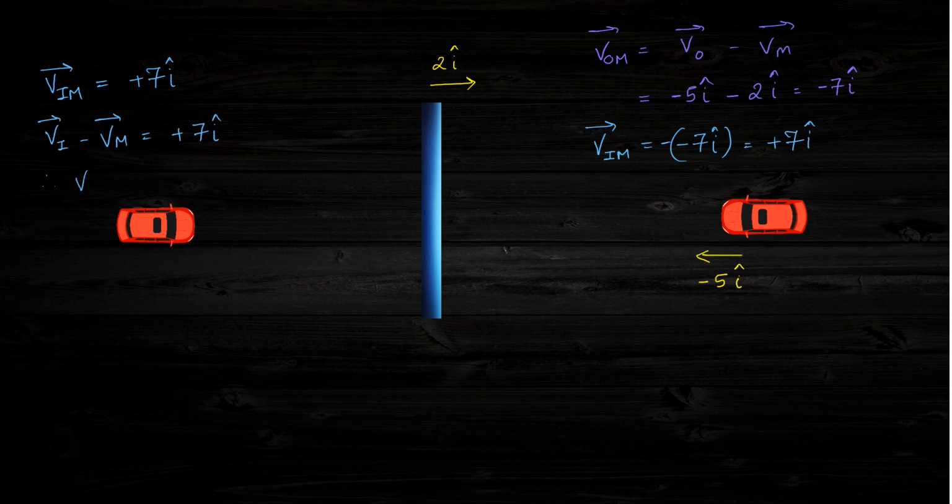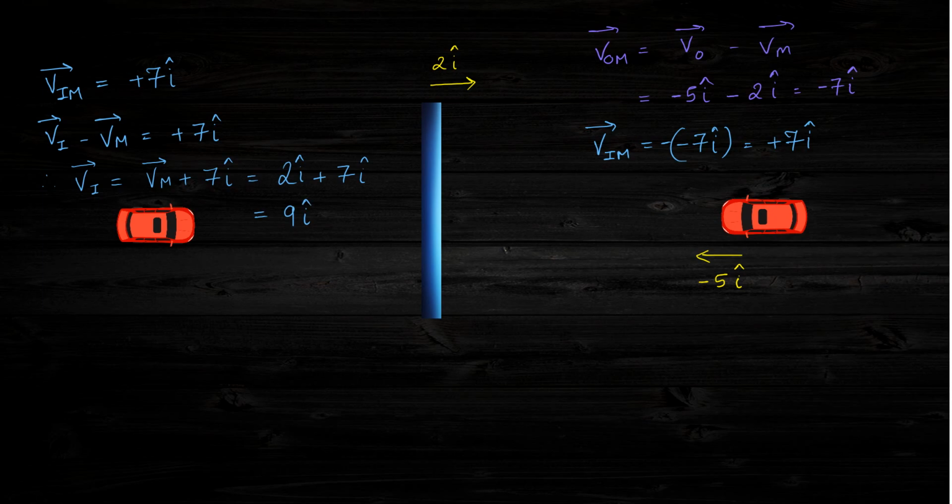Therefore, velocity of image is going to be equal to velocity of mirror plus 7 I cap, so velocity of image is going to be equal to 2 I cap plus 7 I cap, that is equal to 9 I cap in this particular instance.